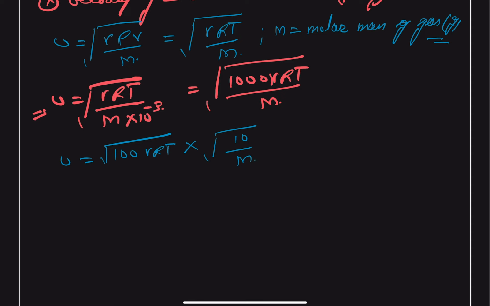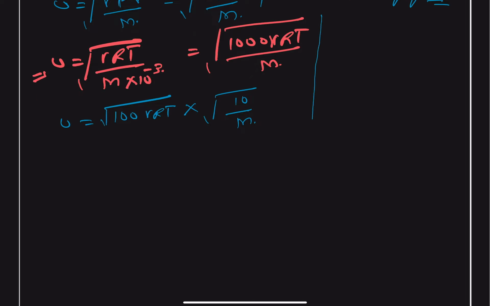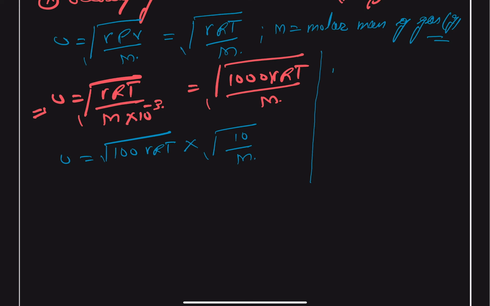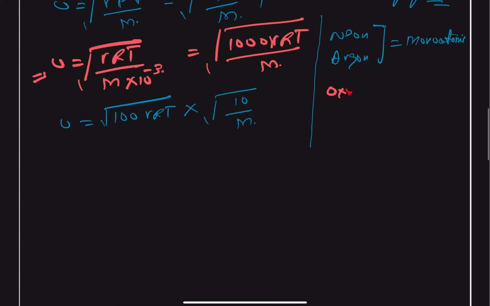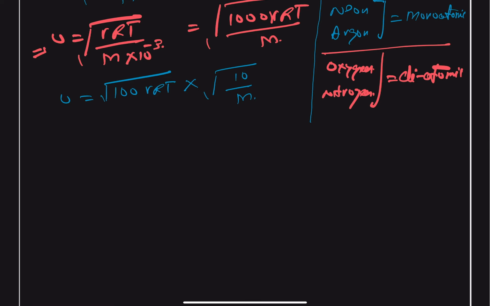And the gases which are given to us, from the standard knowledge, we already know that neon and argon are monatomic, and oxygen and nitrogen are diatomic, and therefore we are going to have two different values of gamma.